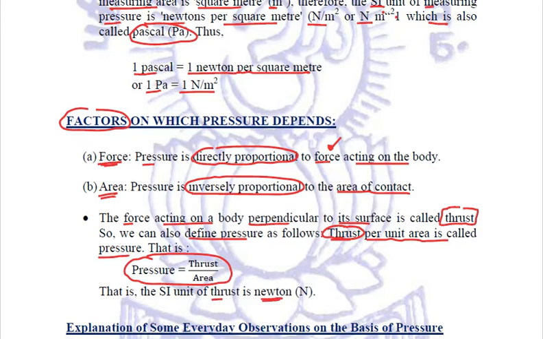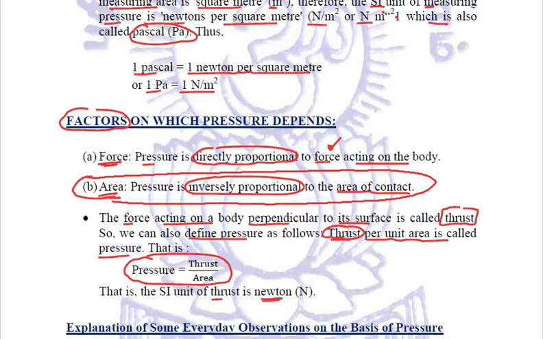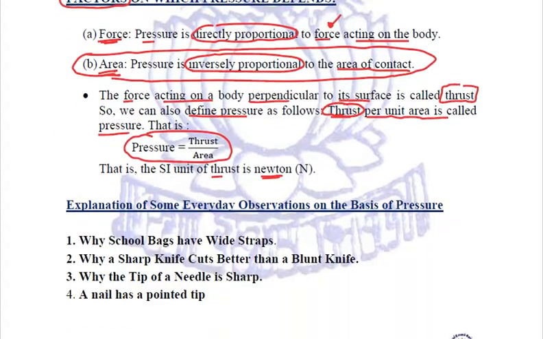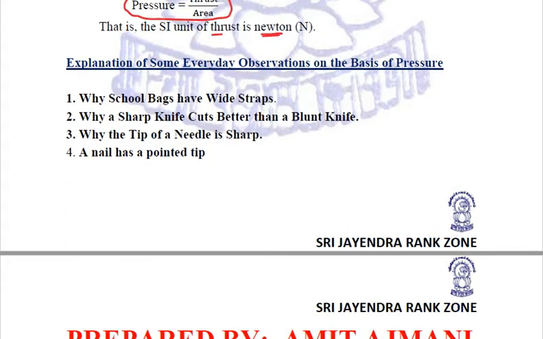Now we have seen that pressure is inversely proportional to area. This particular relation is used in many day-to-day observations. So let us try to explain some everyday observations on the basis of pressure. We have seen that school bags have wide straps. Now why is it so?